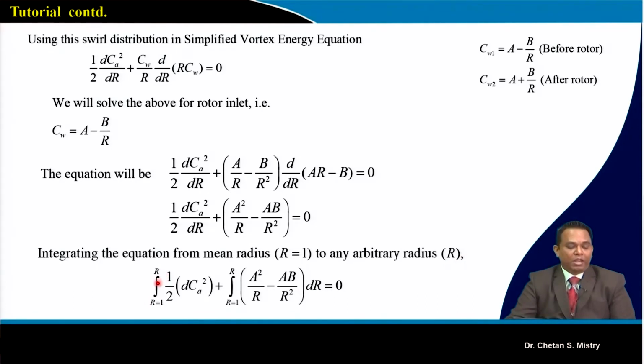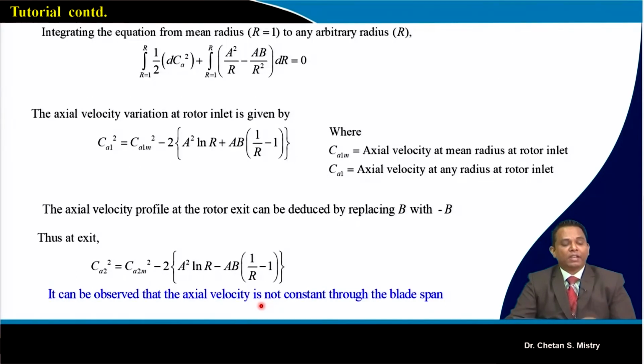Putting the limits and integrating, R equal to 1 to R, and simplifying, my axial velocity at the entry comes as CA1 square equal to CA1m square minus 2 A square natural log R plus AB times 1 over R minus 1.